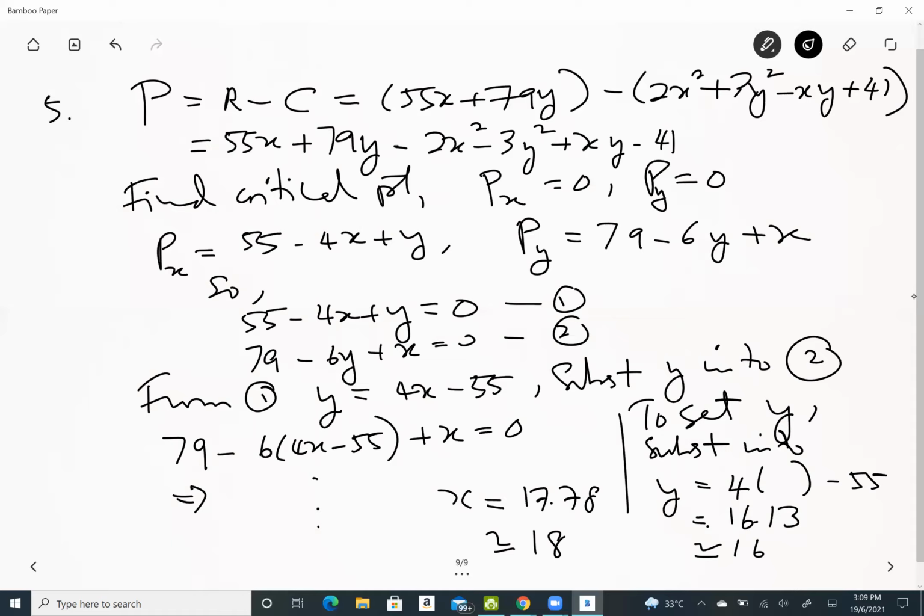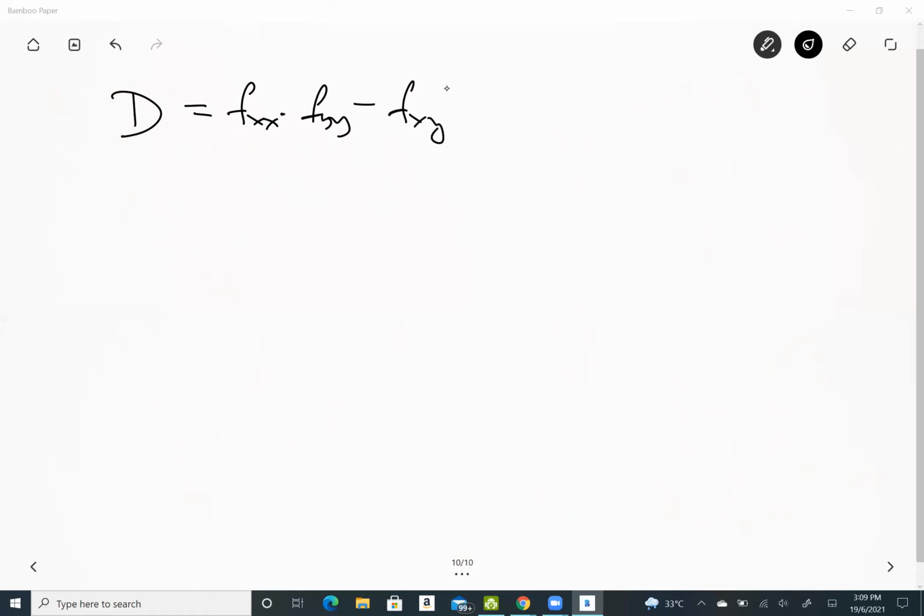So what you want to do next is show that it is a maximum there. For the second partial derivative test, you know that D is equal to what? D is equal to fxx, fyy minus fxy squared. Now in terms of P, it becomes Pxx, Pyy minus Pxy squared.